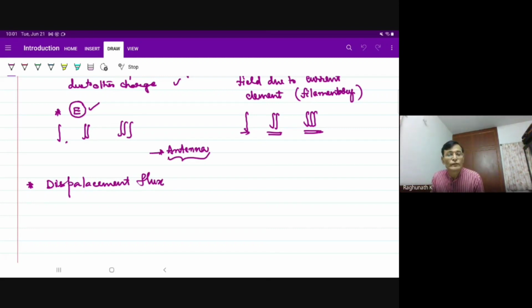What I can see is the light source and the illuminated object. What goes from the source to the object is flux. And the flux goes and illuminates the object, because of which I am able to see. In the same way, we define something called displacement flux here. And here also there is magnetic flux.